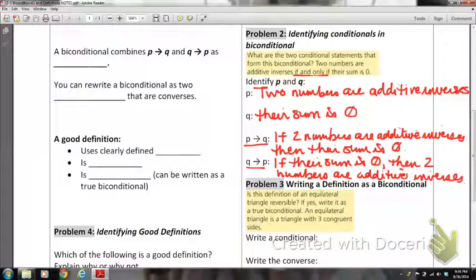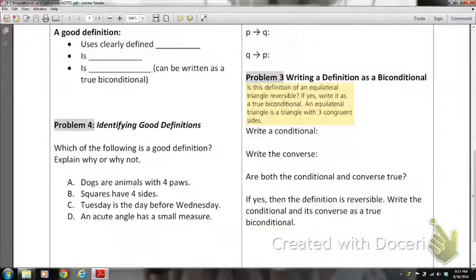Which is also a true statement, which is why they could be written as a biconditional. So next, let's look at a good definition and what needs to be true for a definition to be considered a good definition.